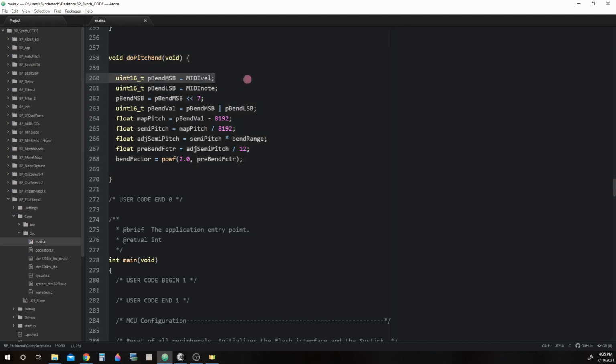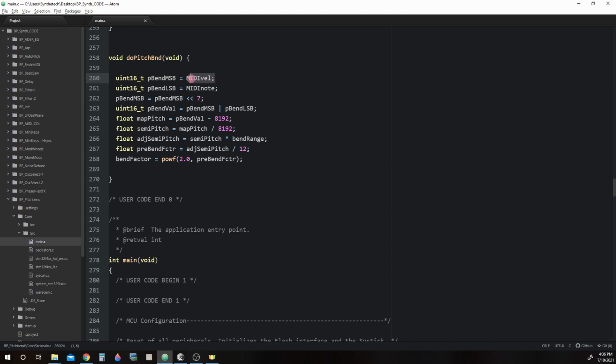This first operation, uint16_t pbend MSB equals MIDI velocity. What we've done is create a variable called pbend MSB, and MSB is short for most significant byte. pbend MSB is going to be a 16-bit value, so it's going to use 16 bits versus MIDI velocity, which is cast as an 8-bit number.